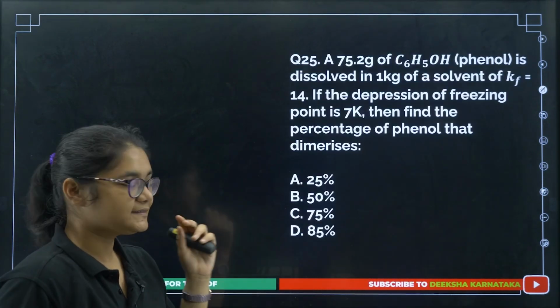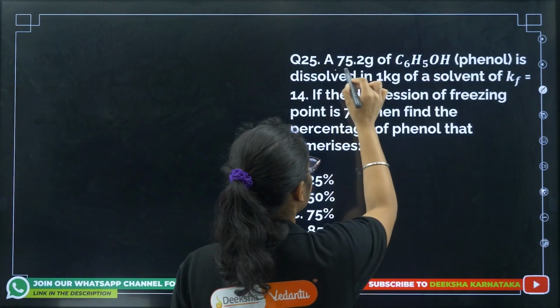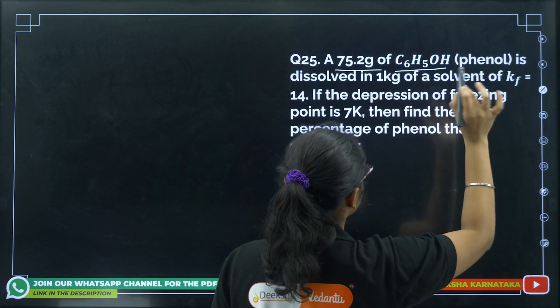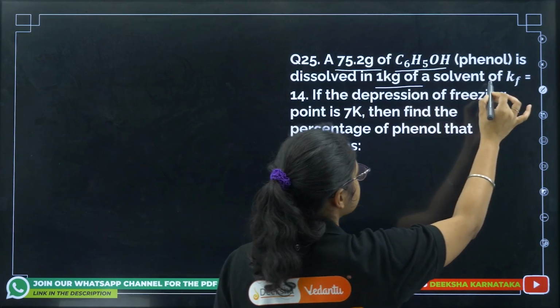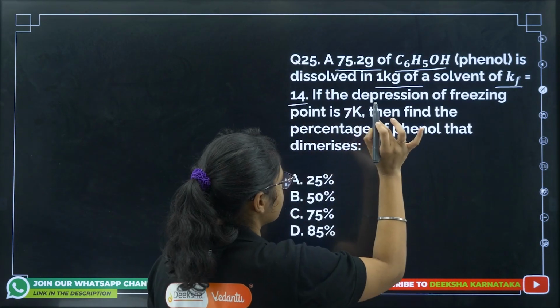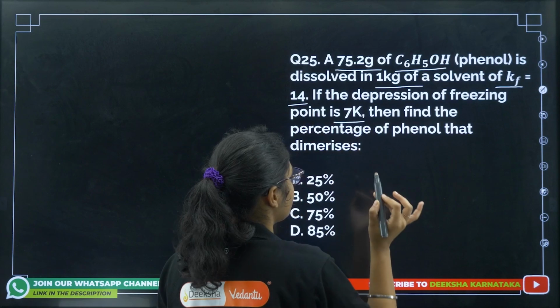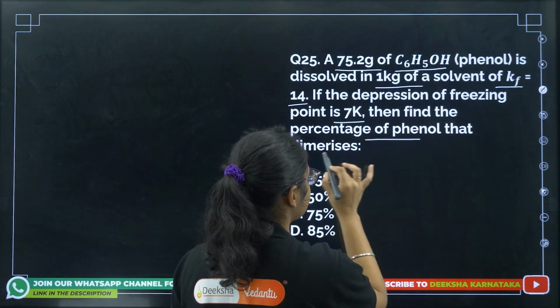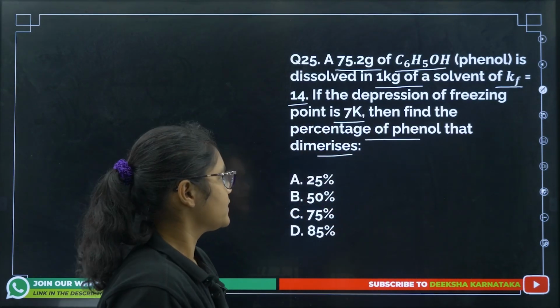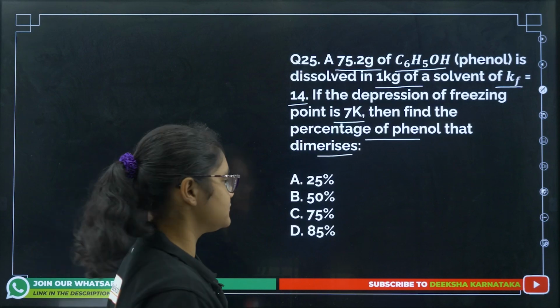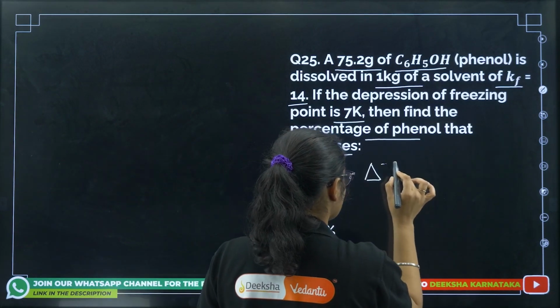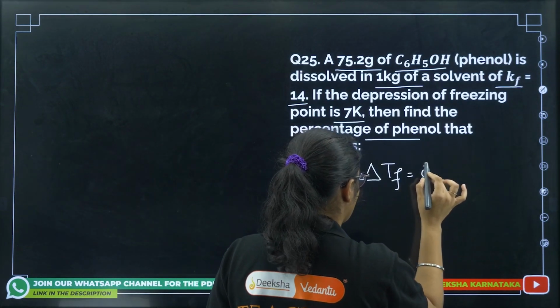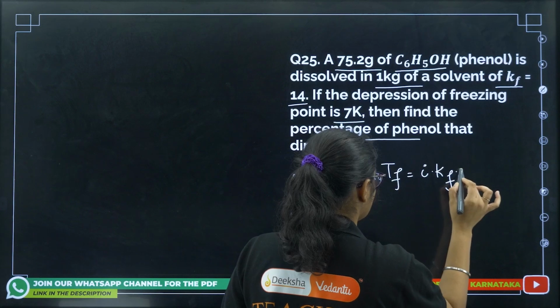Next, let us see the next question here. 75.2 grams of C6H5OH is dissolved in 1 kg of a solvent of Kf 14. If the depression in freezing point is 7 K, then find the percentage of phenol that dimerizes. First of all, there is depression in freezing point, so the formula is delta Tf equal to i into Kf into m.